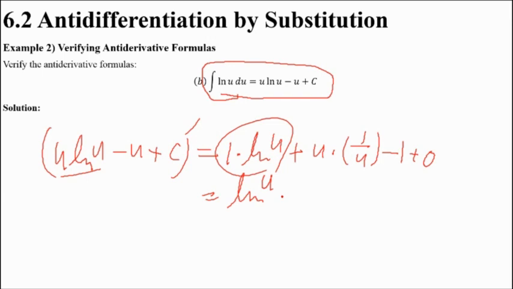And plus, this one is going to be 1, right? And this negative 1 will be 0 too, right? So finally ln u.